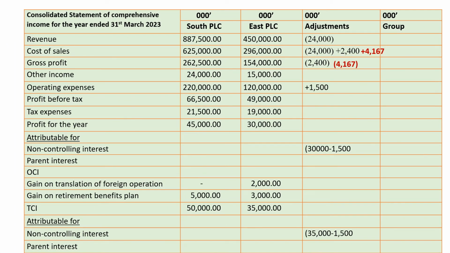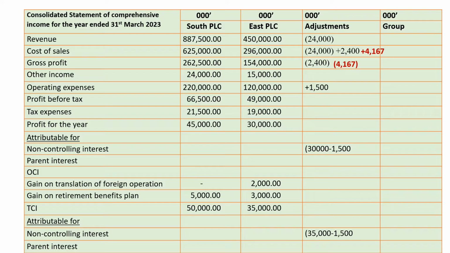As earlier, we have to remove this unrealized profit. So we are going to remove this 4,167 of unrealized profit from the consolidated gross profit, as well as add it back to the cost of sales. Normally, in the practical scenario, we are just going to add it back to the cost of sales. And we know that when we deduct the cost of sales from the revenue, we get the gross profit.